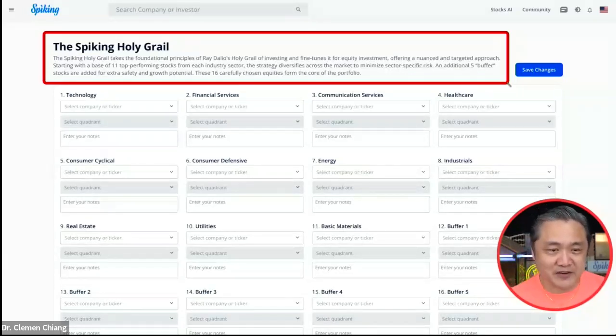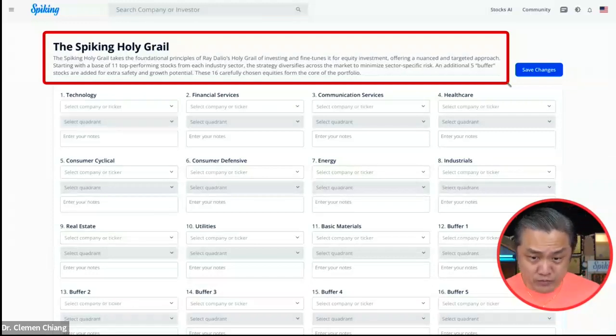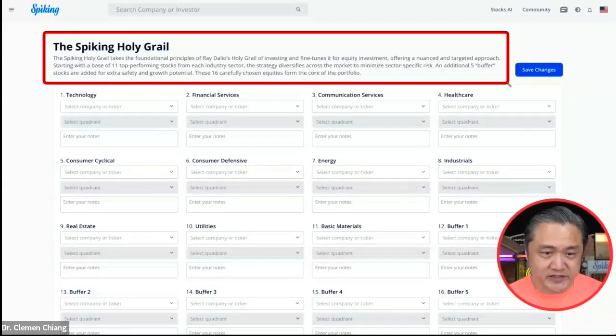Starting with a base of 11 top-performing stocks from each industry sector, the strategy diversifies across the market to minimize sector-specific risk. An additional 5 buffer stocks are added for extra safety and growth potential. These 16 carefully chosen equities form the core of the portfolio.